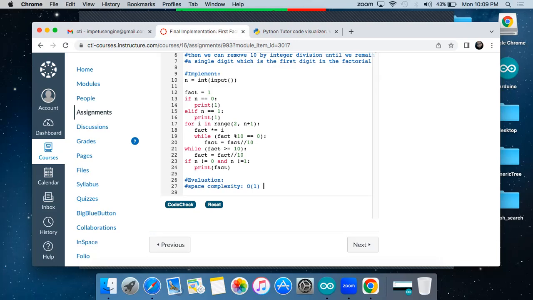We have constant space consideration, and the time complexity is going to be O(n log n). We divide out these factors of 10.